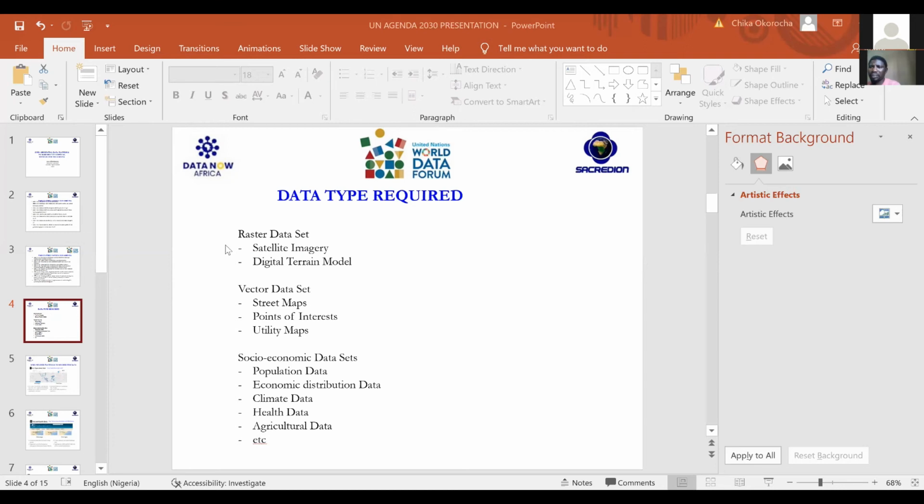Because certain people are not being counted. Many development projects collect data in different fragments, and there are certain people somewhere that we do not know who are not being counted. So that's why importance is being laid on geospatial data.